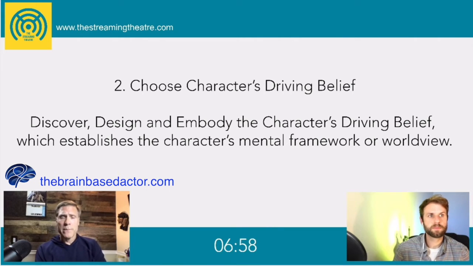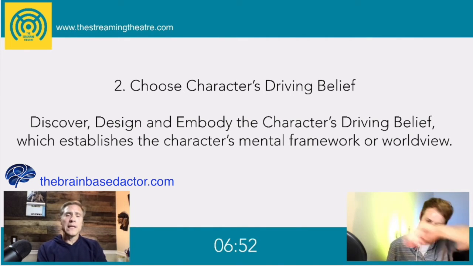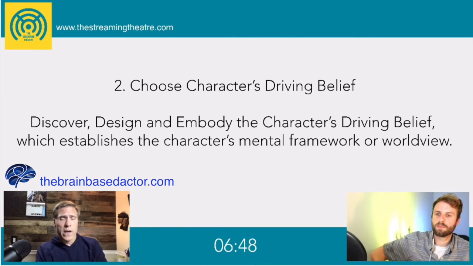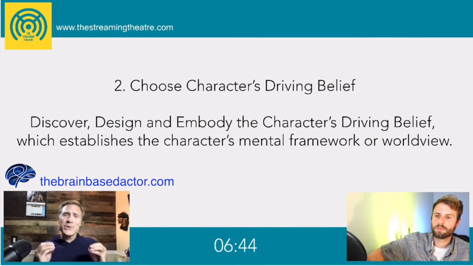And if you were to play Brick, you would believe that lies and deceit are disgusting. If you were to play Maggie, you would believe that lies and deceit are okay if you're going to spare someone's feelings. White lies are perfectly okay. It's preferable.